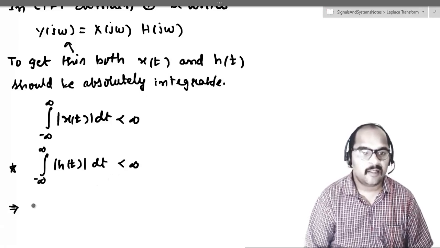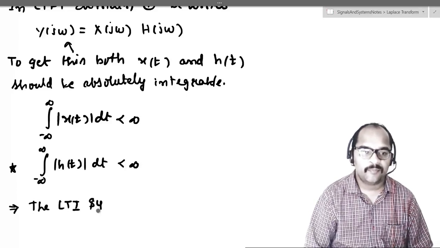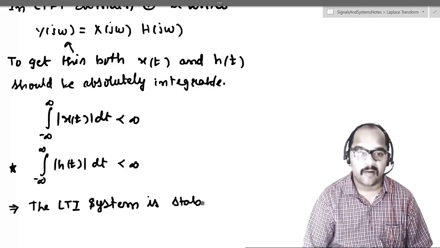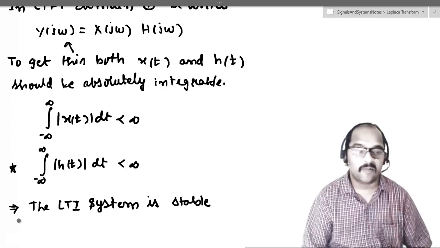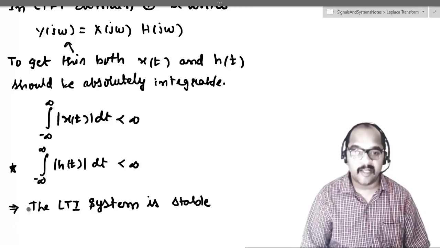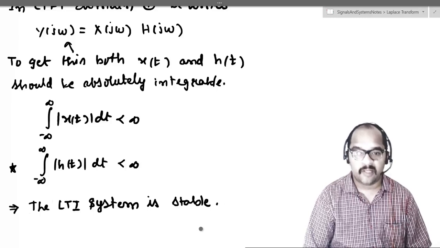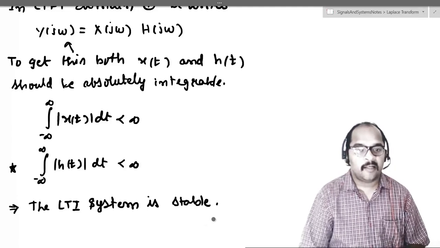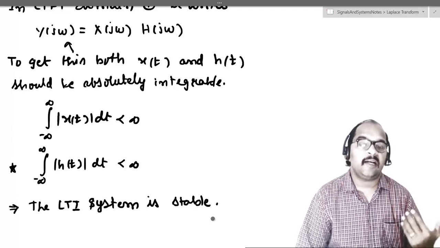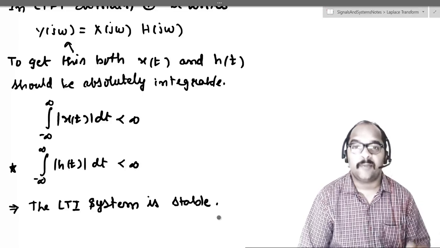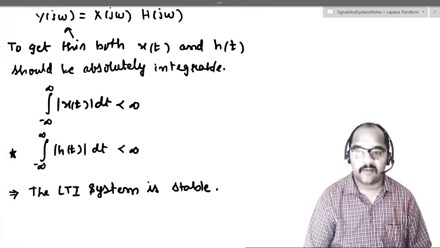This implies the LTI system is stable. That's what we studied in the second chapter: if the impulse response of the LTI system is absolutely integrable, then we say that the system is stable. So indirectly, we can do frequency analysis of an LTI system provided that the system is stable.